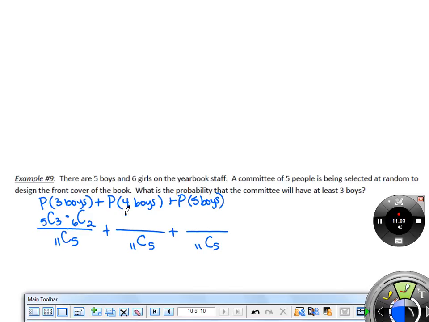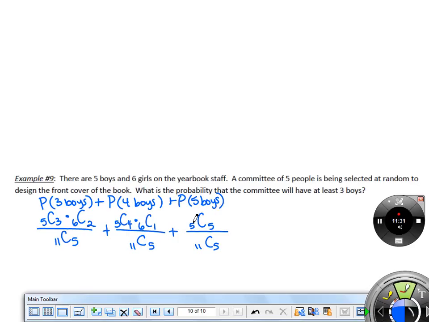So for 4 boys, that means 4 are selected from the 5 boys. And then that means that 1 more committee member must be selected from the 6 girls. Finally, okay, to select 5 boys would fill our entire committee, so we don't need to worry about the girls. And those are being selected from 5 boys as well. Okay? So then we would go ahead and calculate this answer.